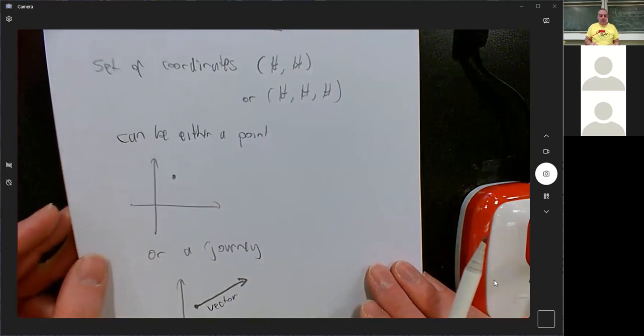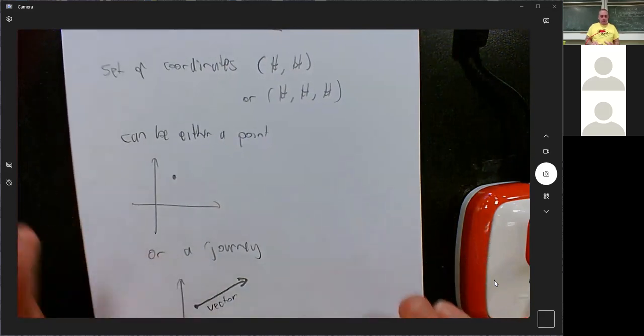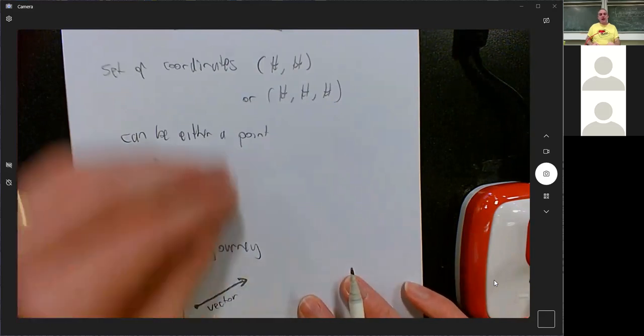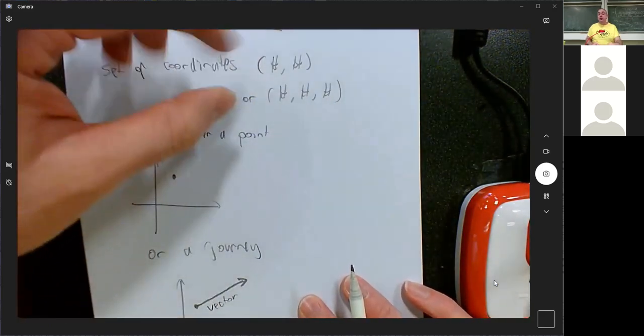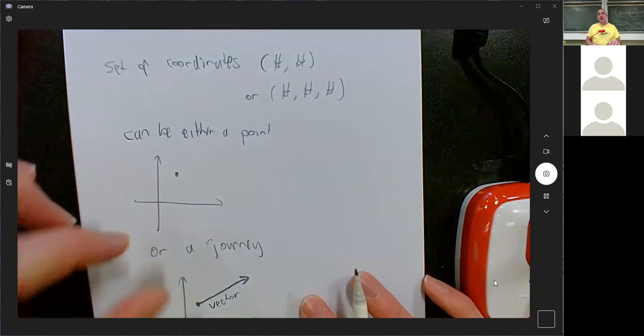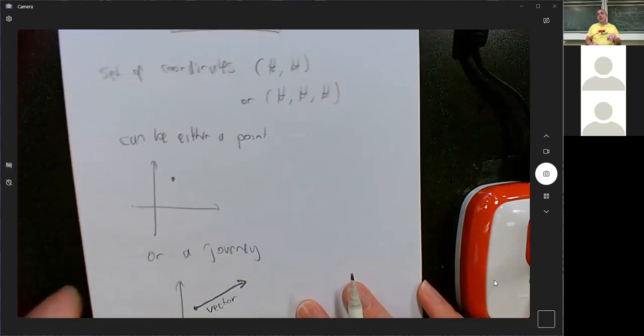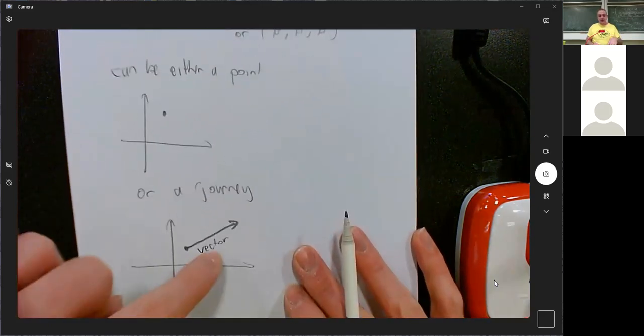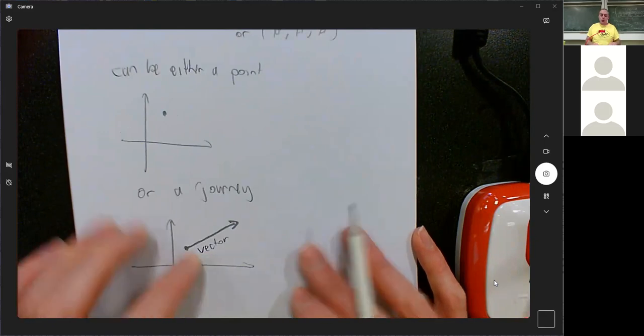Okay, so the main thing is that if you would like to add coordinates together or multiply them by scalars, then you must think about at least one of them being a journey. That's the important thing.